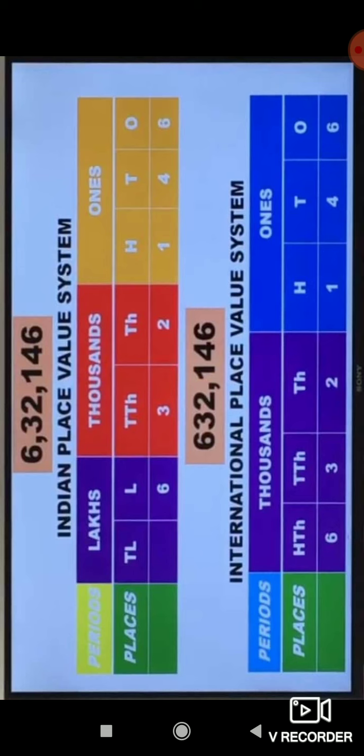After that, every 2 digits form a group: 2 in thousands, 3 in 10,000s, that is 32,000. Lastly, the remaining number is 6, which forms the lakhs group. Therefore, in the Indian system of numeration, the first 3 digits form a group, and then every 2 digits form the next group.